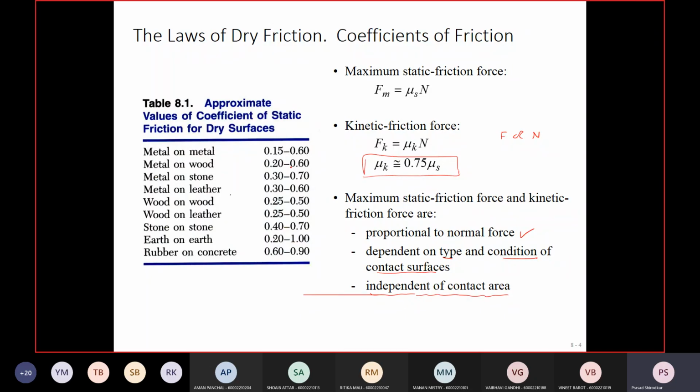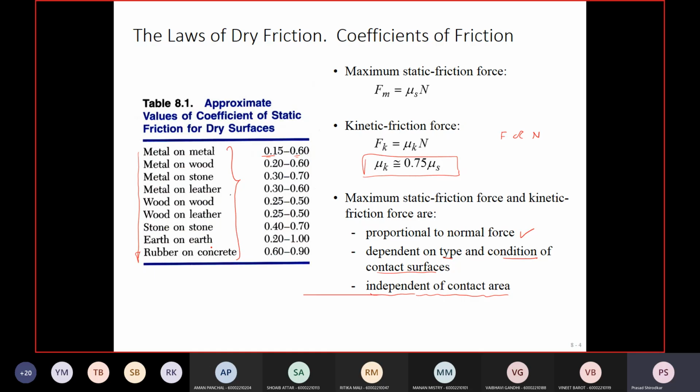These are some of the values of the coefficient of friction when two surfaces are interacting. For example, metal on metal is 0.5 to 0.6, and so on. These are the various combinations. The friction value depends upon the interacting surfaces, so you cannot state a friction value for an independent surface. It has to be described as a combination. These are some examples of the various values of friction.